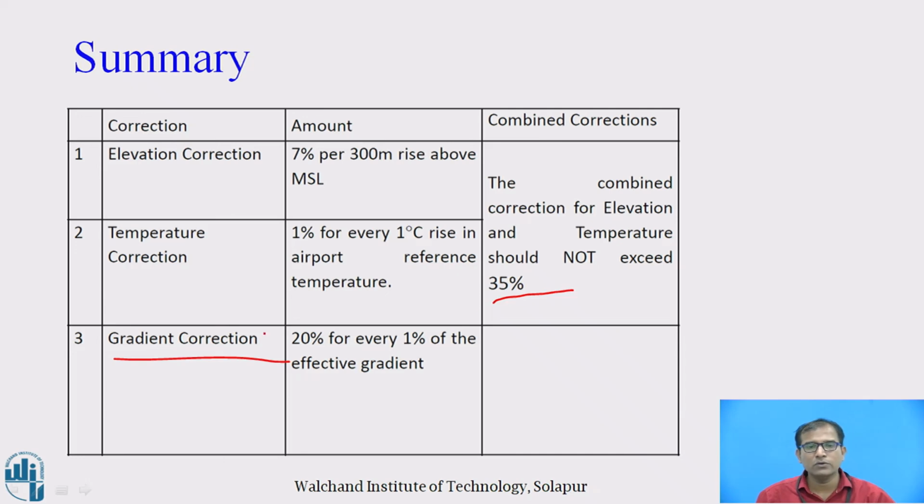After that you need to apply the gradient correction: calculate the effective gradient depending upon the data given to you, and for that effective gradient, apply the rate of correction, that is 20% increment for every 1% of the effective gradient. In the next session we will learn how to take the gradient correction into consideration and calculate the runway length, combining the elevation, temperature and gradient corrections.